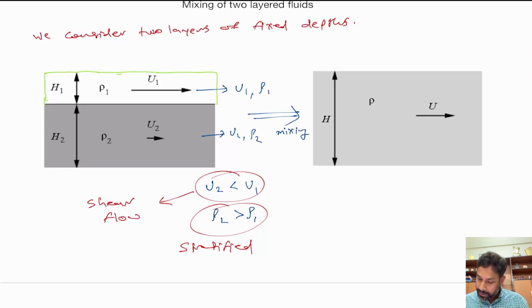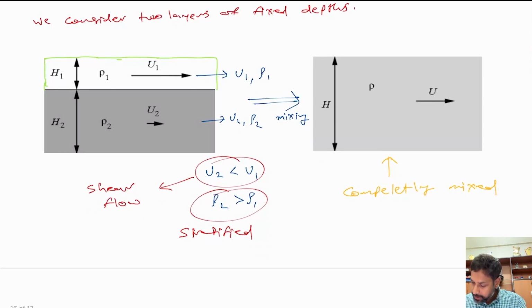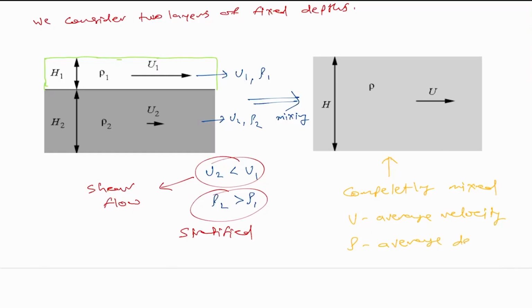But at later time, due to this shear flow, there is mixing, right? Mixing, and we assume that after a long time, this layer is completely mixed, and the complete layer has a new velocity and a new density rho, right?